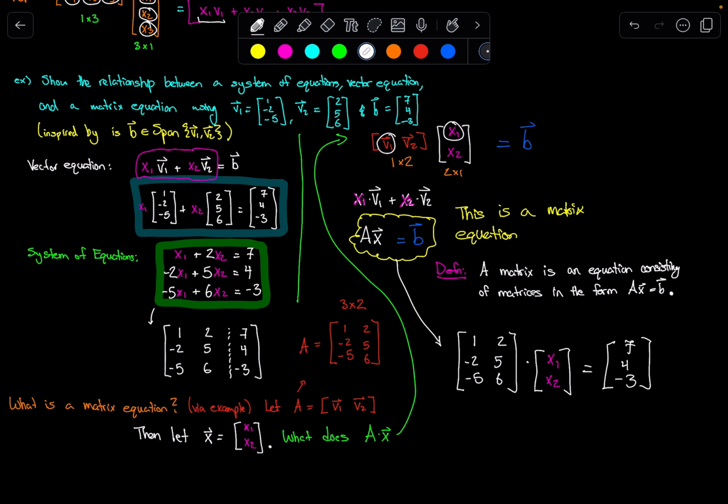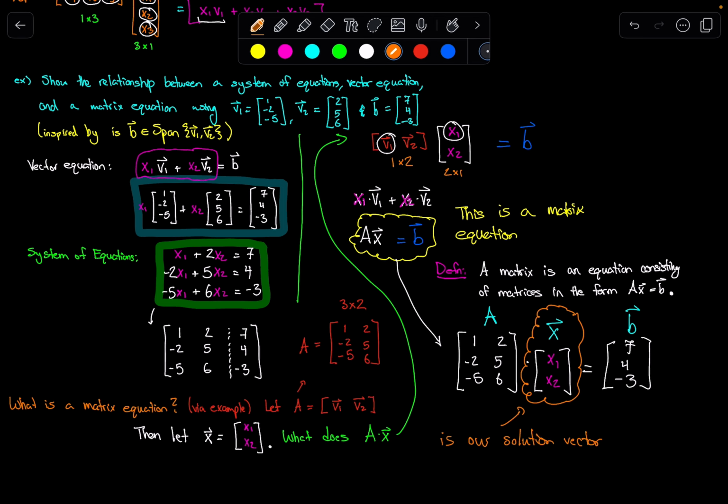It turns out that this, which is my matrix A, this is my solution vector x, and that's my vector b. This is the same way as writing the vector equation. It's the same thing as writing the system of equations, but it turns out with matrices, this is going to be very nice for us going forward. One thing that I want to point out is something that I slipped in really quickly, which was this x right here, this vector x, this is our solution vector.